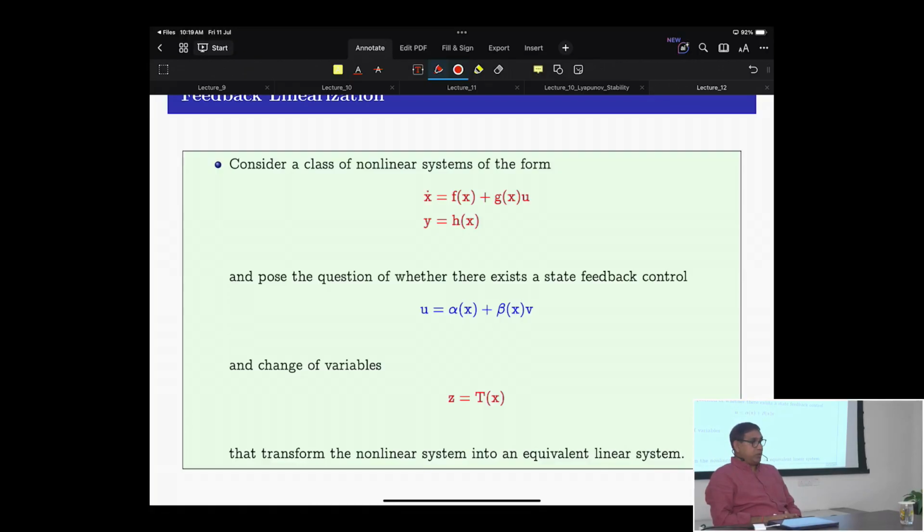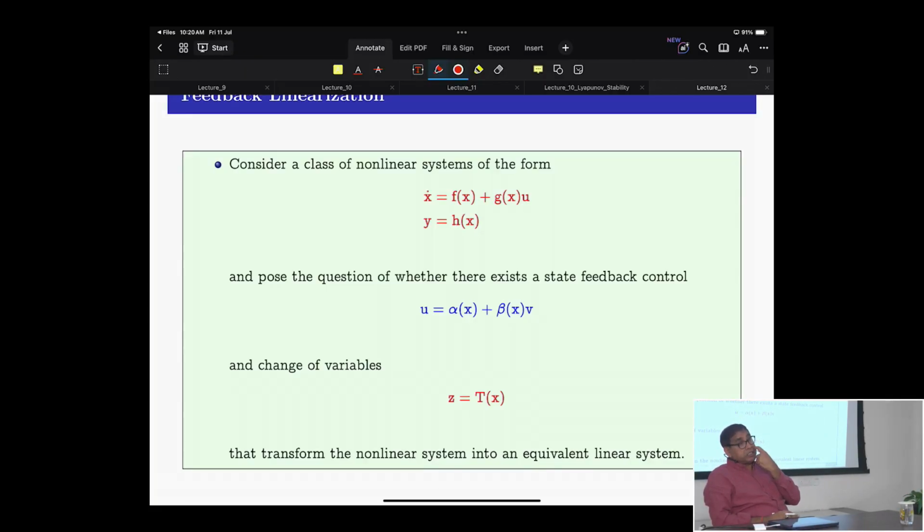Otherwise, modeling is not fun, right? If you want to design an adaptive self-tuning controller, you represent the system by a discrete parametric model, right? Because the derivation starts from the discrete parametric models.